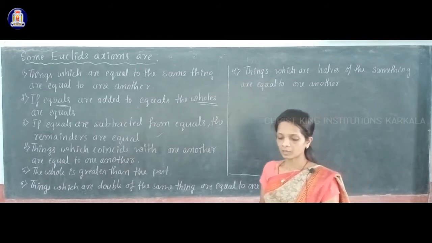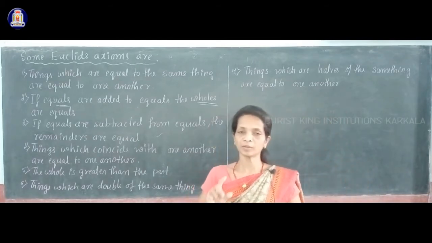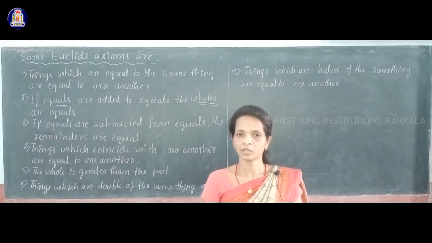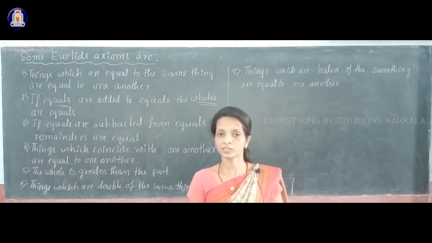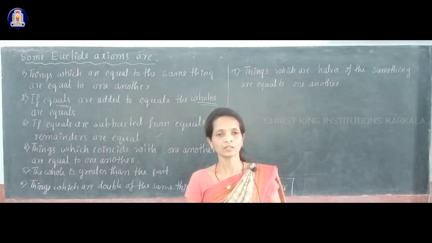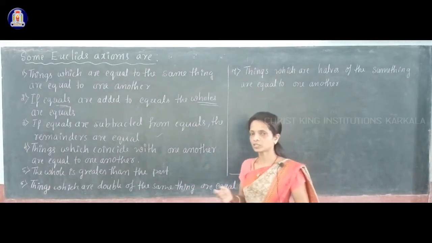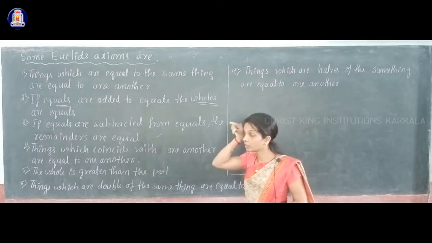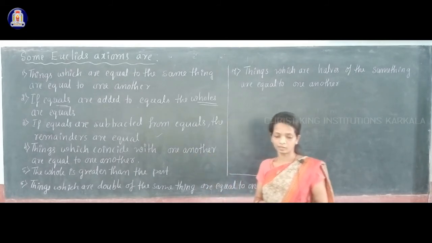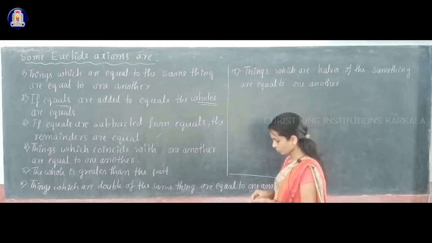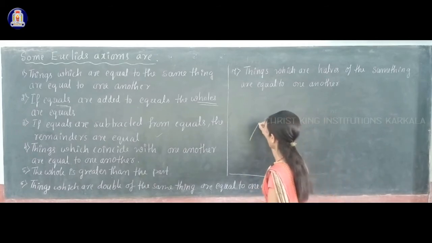Coincide means suppose you keep one thing on another. If those two things exactly match in shape and size, then we say that the two things coincide with each other. So if things coincide with each other, then they are equal to one another. For example, suppose you take an equilateral triangle ABC.